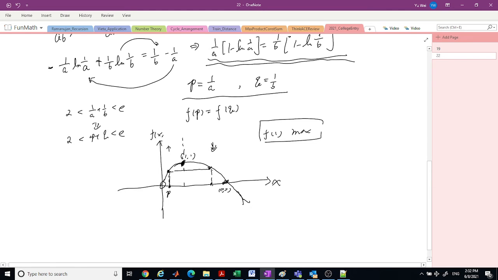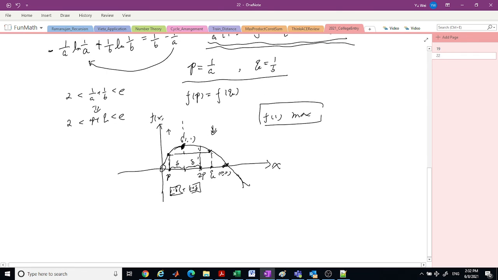If p plus q is greater than 2, and this is the delta, then this is the delta, right? So if p is 1 minus delta and the other is 1 plus delta, then this is 2. That means q should be greater than 2 minus p. So q greater than 2 minus p means f(2 minus p) and f(p) minus f(2 minus p) should be less than 0.